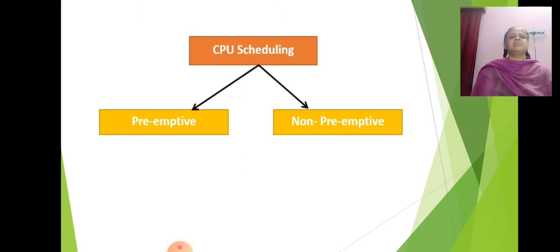Otherwise, it is preemptive. Under non-preemptive scheduling, once the CPU has been allocated to a process, the process keeps the CPU until it releases it, either by terminating or by switching to the waiting state.